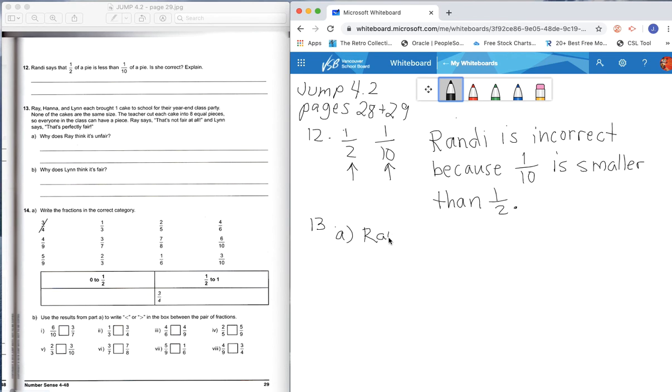So Ray thinks it's unfair because a smaller cake means a smaller piece.